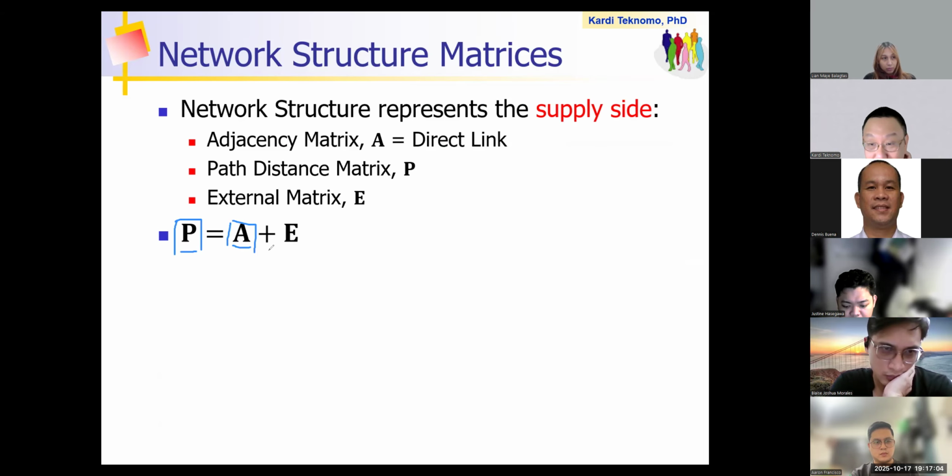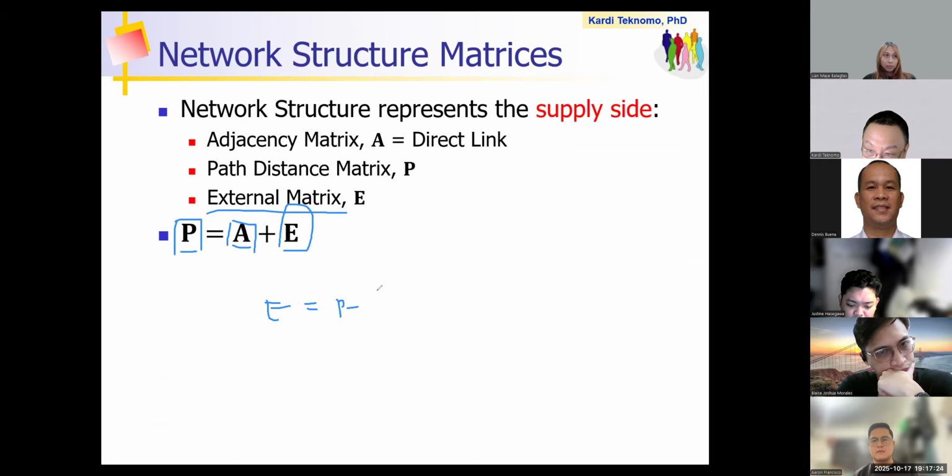Let's name P minus A as E. I just give the name first, and then check the meaning. Let's call it the external matrix. So E is basically P minus A. Remember, A is the adjacency matrix, which means network structure.